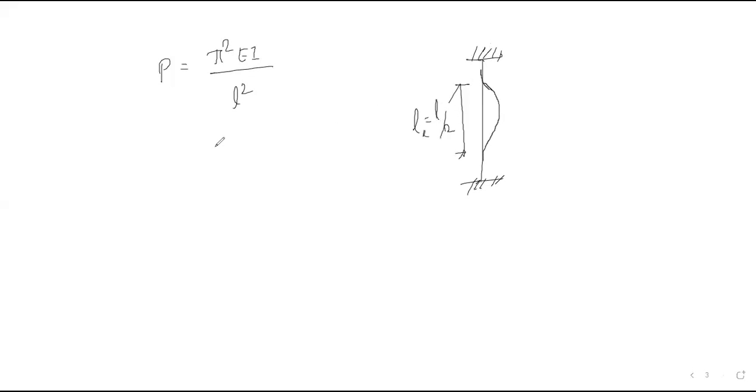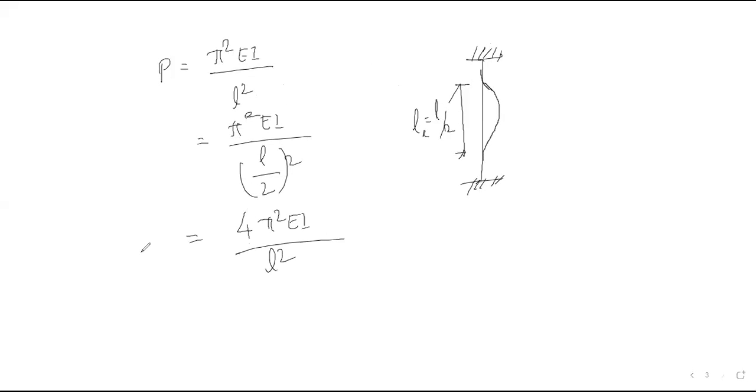If I substitute L effective as L by 2, I get pi squared EI by L by 2 the whole squared, so that I can get 4 pi squared EI by L squared. So this is Euler's equation for column crippling load if both ends are fixed.